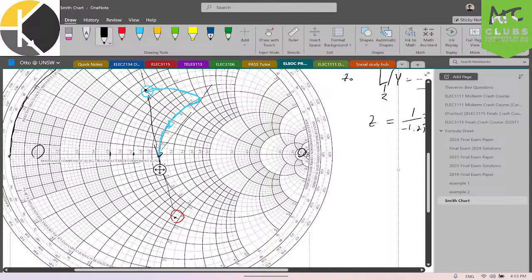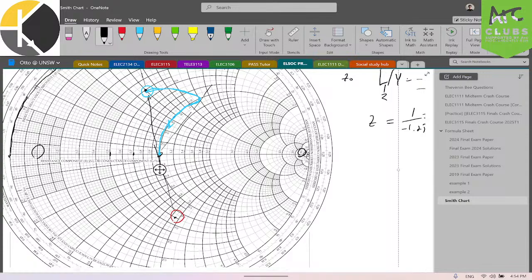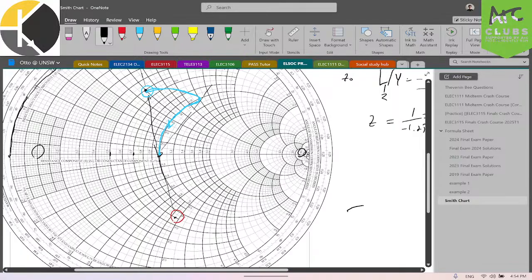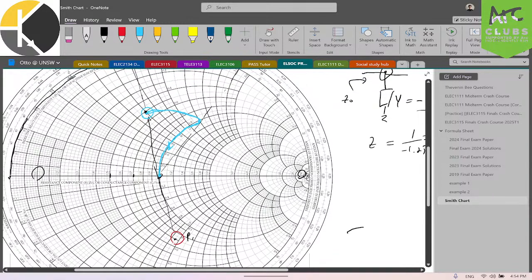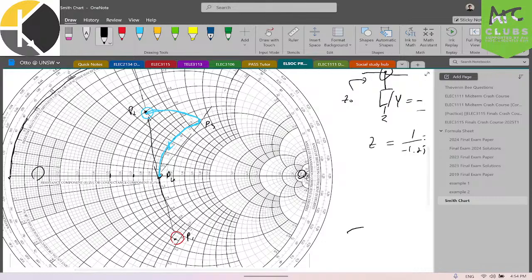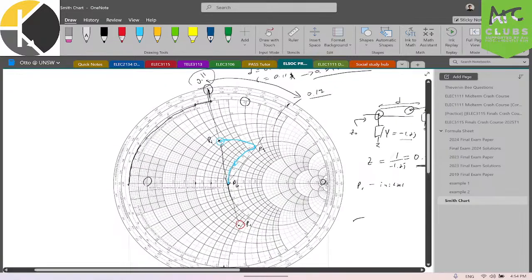I'll just label it in the corresponding colors. Okay, fine. P1, P2, P4. So P1 is the initial load impedance.